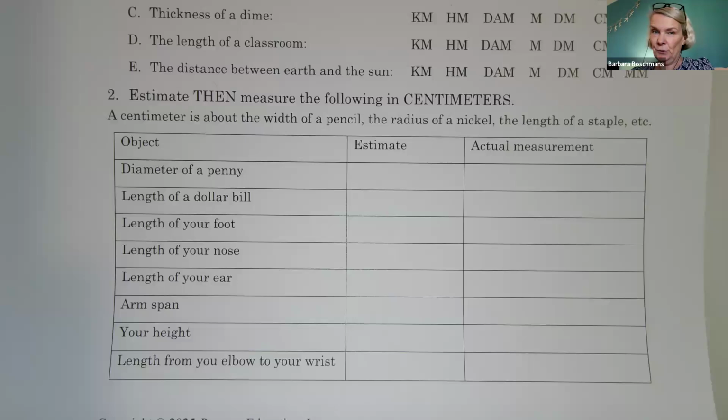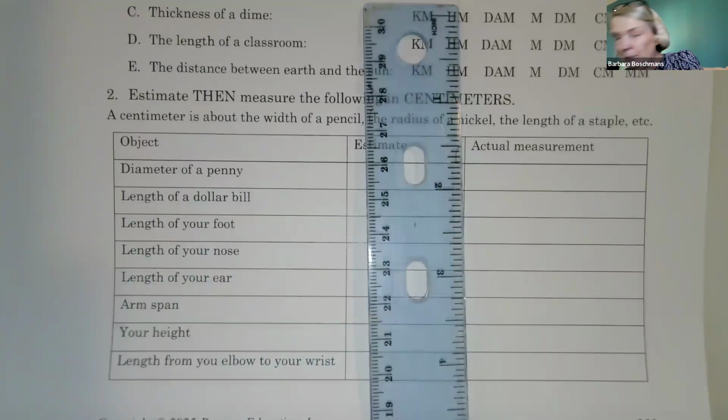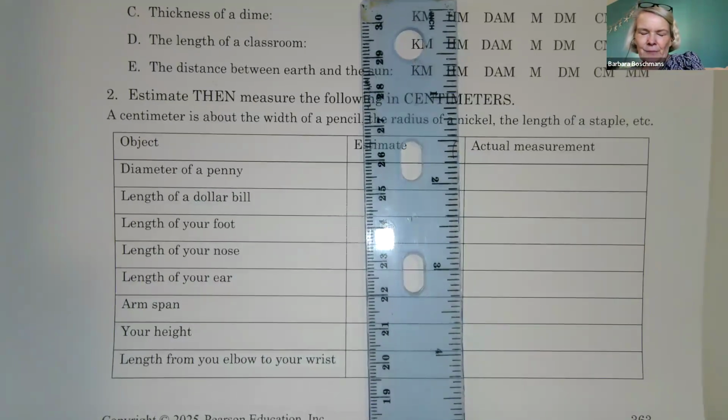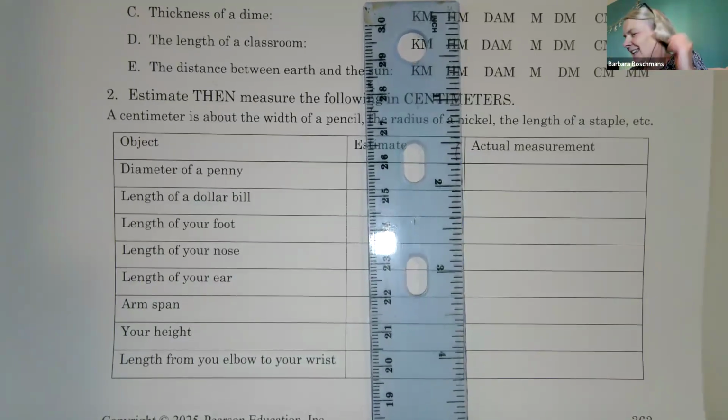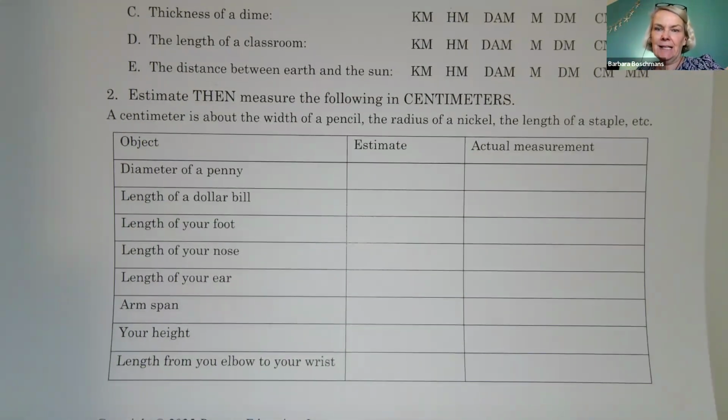Okay, once you are done, this is the first time you actually get to use a ruler. You're going to go ahead and use a ruler. Of course, we want one that has both measurements in inches and in centimeters. So go ahead and measure everything in centimeters.